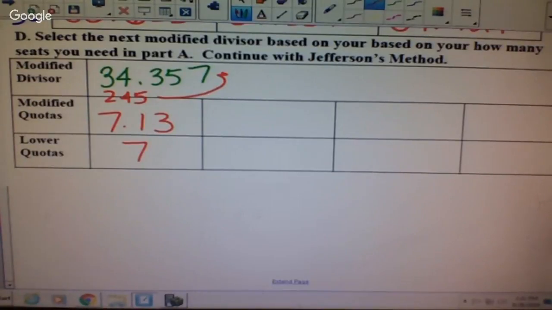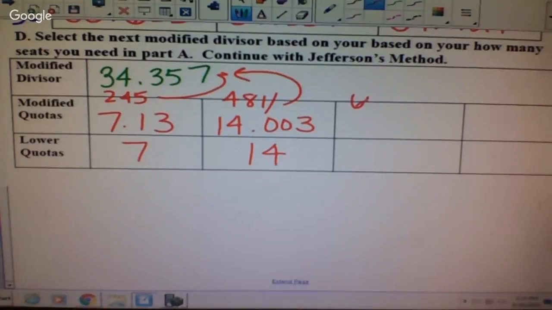I'm also going to take biology, 481, and divide by that number. This time it gives me 14.003. Its lower quota is 14. And finally, we take 654 and divide by my new modified divisor, and that gives me 19.039, which means my lower is 19.